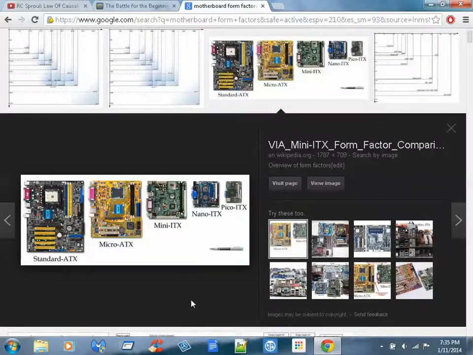Then they went into mini ITX. Mini ITX is 6.7 inches by 6.7 inches, and you can see the mini ITX there. And then they have a little picture of a tiny little pen, so you can kind of see how small these boards are getting.